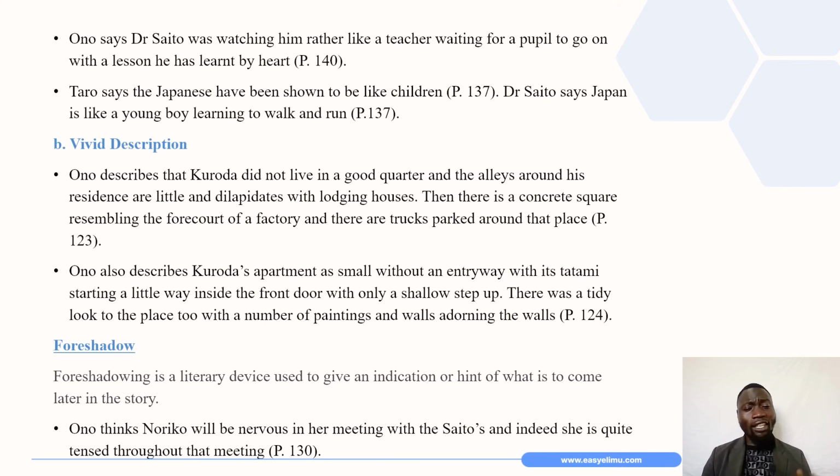So when he thinks that Noriko will be nervous in her meeting, he is giving an indication or a hint of what will happen when they meet for the marriage negotiations. And later on, that is after they are now seated, when the two families have now met, indeed, Noriko becomes quite tensed throughout the meeting.